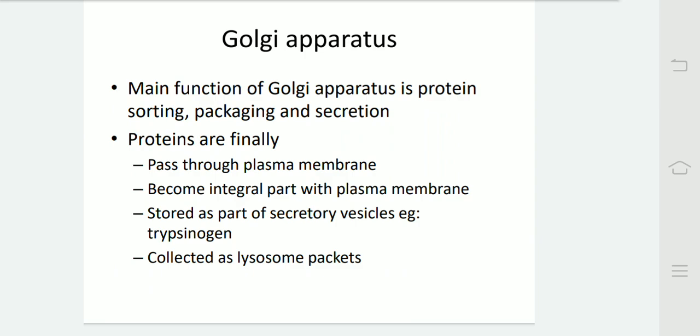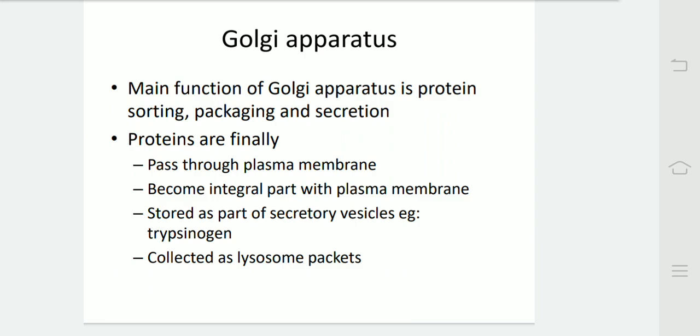The finished products may have any one of the following destinations. First, they may pass through the membrane to the surrounding medium. This forms continuous secretion. Example, secretion of immunoglobulins by plasma cells. Second, they reach the plasma membrane and form an integral part of it, but are not secreted.